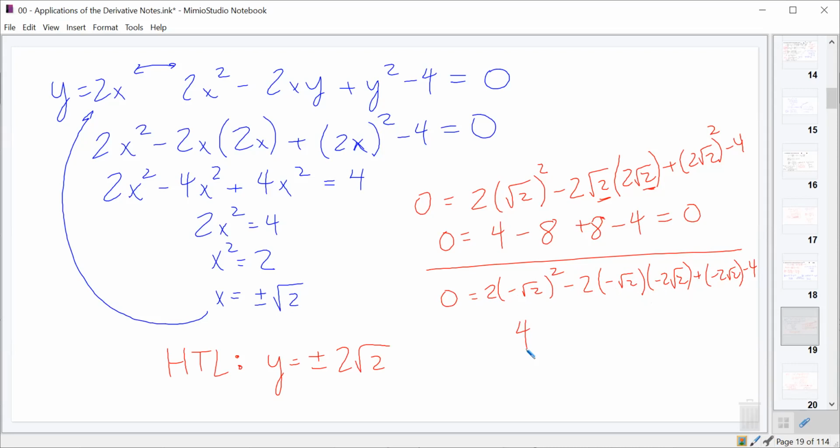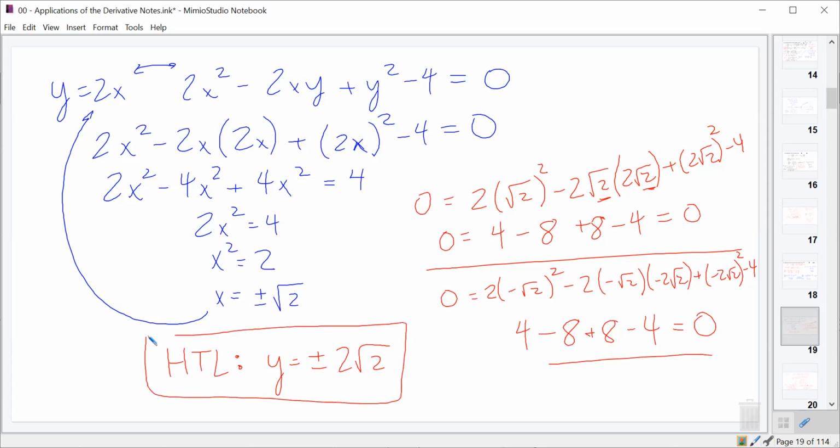A negative times a negative times a negative is going to be a minus. And all those values are the same. That's going to be minus 8. And then here with our negative 2 root 2 squared, that's going to be a positive 8 and a minus 4, which comes out to be 0. So we can see that the x and the y coordinates here did satisfy our original equation. So we can be guaranteed that we've got those two horizontal tangent lines.